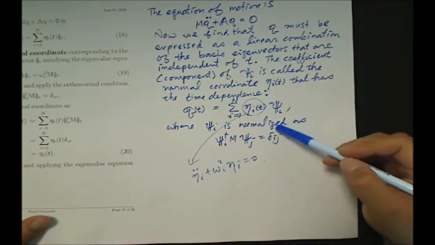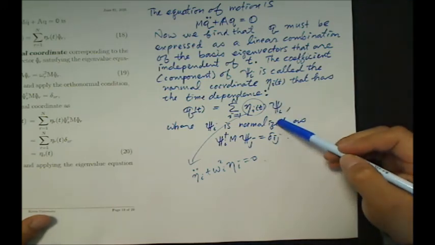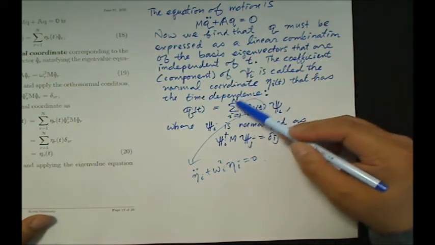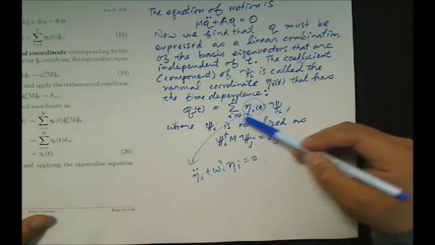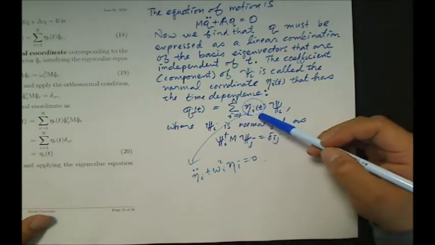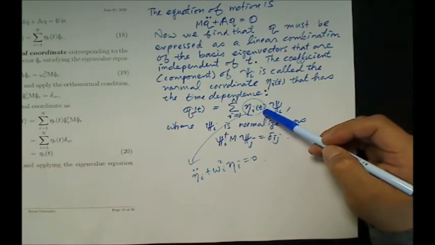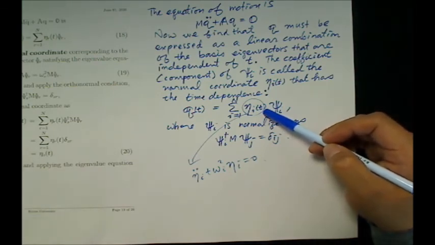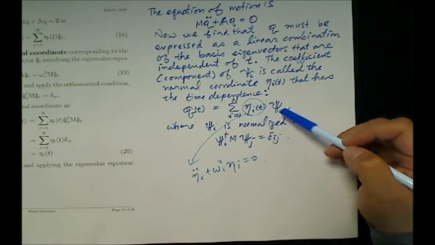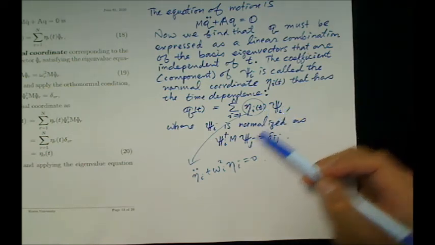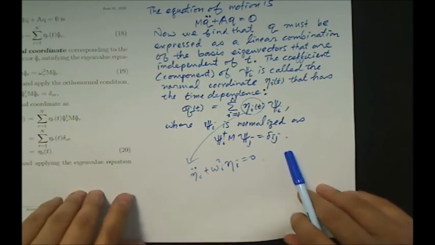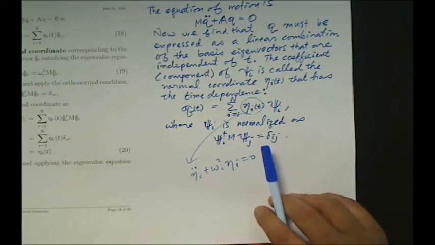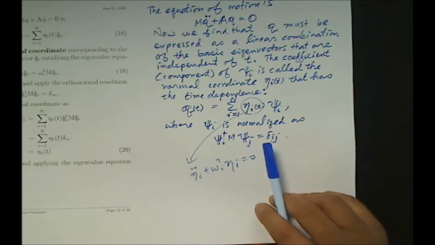This equation can be solved using the eigenvector, and the coefficient of the eigenvector has the complete time dependence, and we have introduced the e to the minus i omega t form, and this one is the so-called normal coordinate. And each normal coordinate has a characteristic frequency of the eigenvector, and the system is completely decoupled, and we have n independent oscillators.